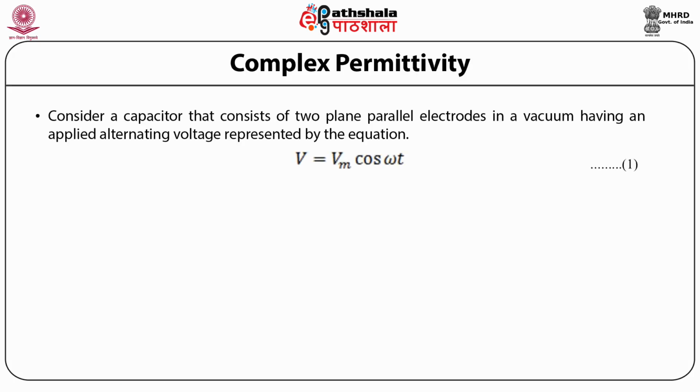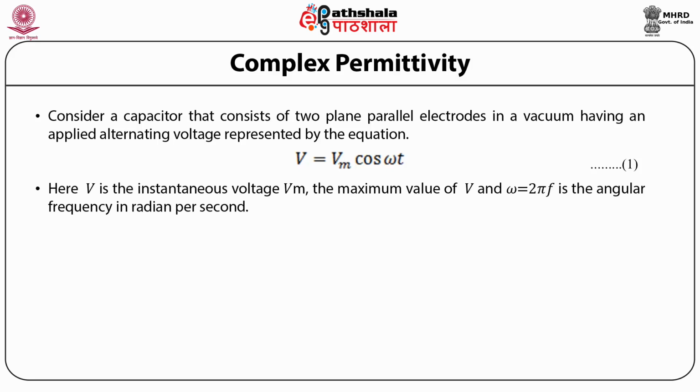Consider a capacitor that consists of two plane parallel electrodes in a vacuum having an applied alternating voltage represented by the equation V = Vm cos omega t. Here V is the instantaneous voltage, Vm the maximum value of V, and omega = 2 pi f is the angular frequency in radians per second.